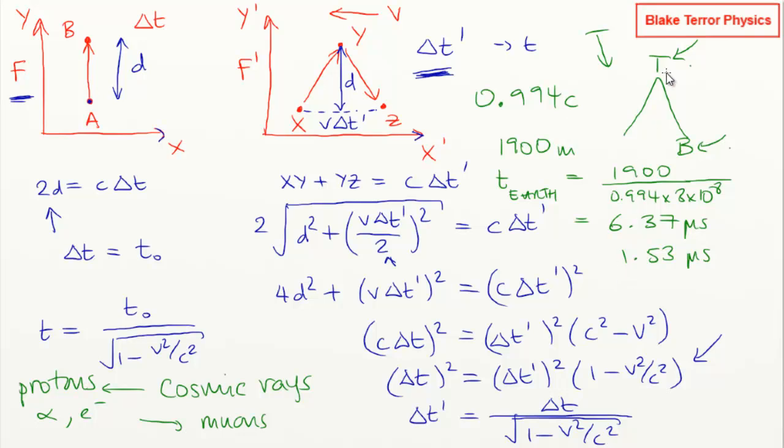But when they were measuring the rate of arrival at the top and the rate of arrival at the bottom, it was about 73% of the arrival rate at the top. Now we're getting about 4 half-lives here. Well, one half-life should take us down to 50%, another one should be 25%, and so on. So to have 73%, clearly we've got a different time from the point of view of the muon.